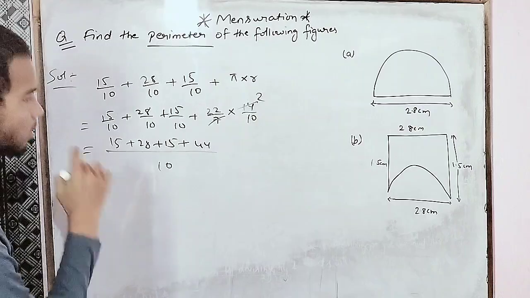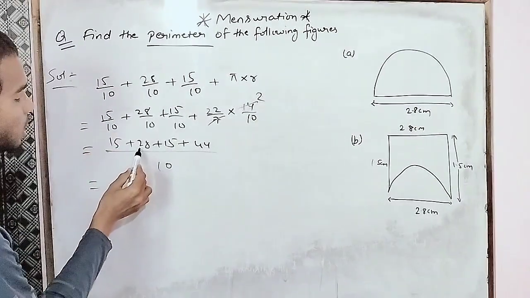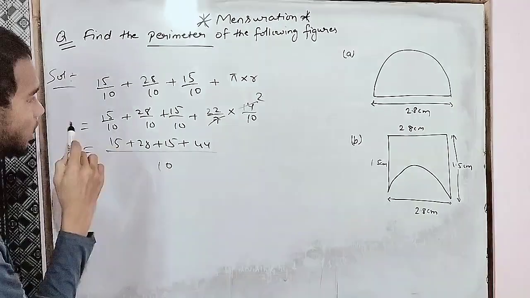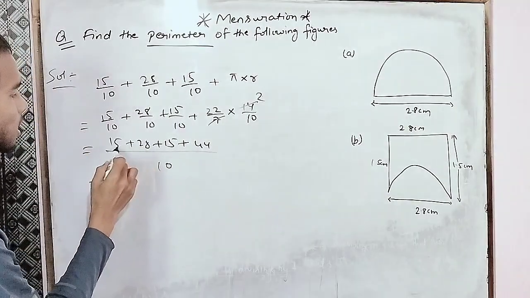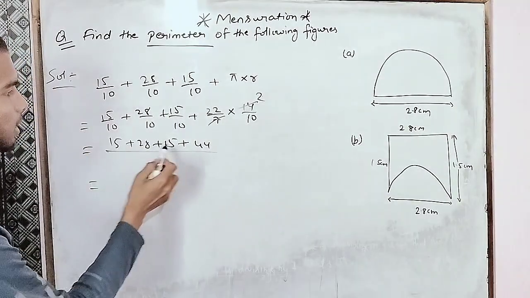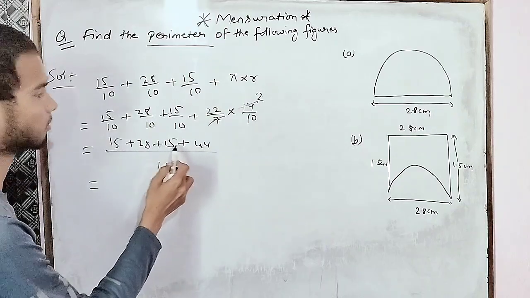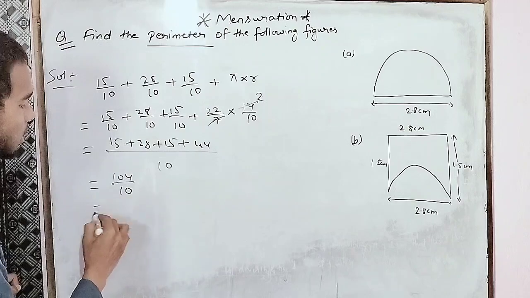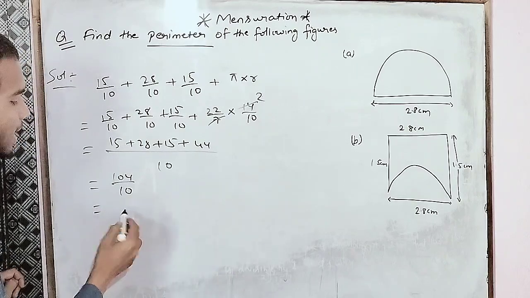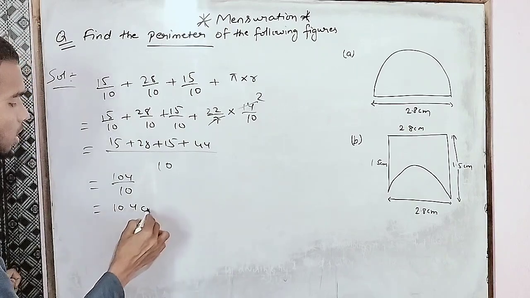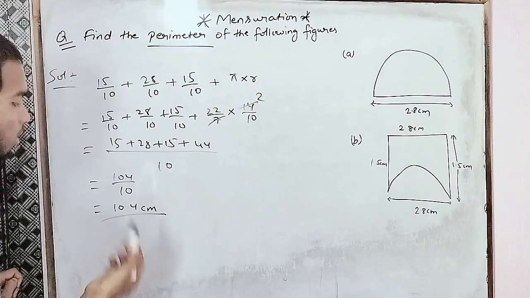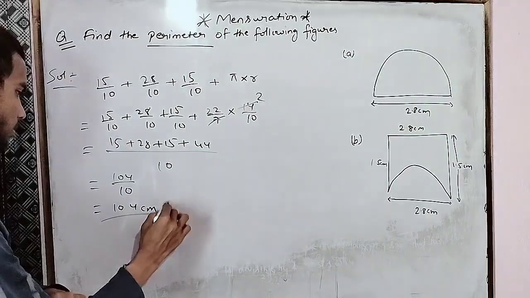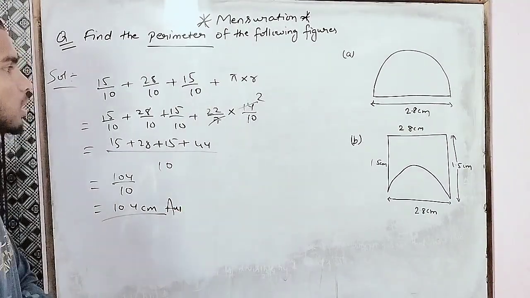Is how much? 44, 10 and 30, 40, 80, 90, 100, 104 by 10. Now 104 by 10 can be written as 10.4 centimeter. This is the total perimeter of this given figure.